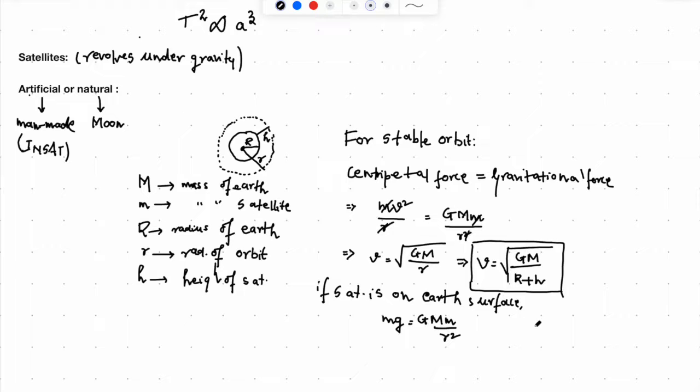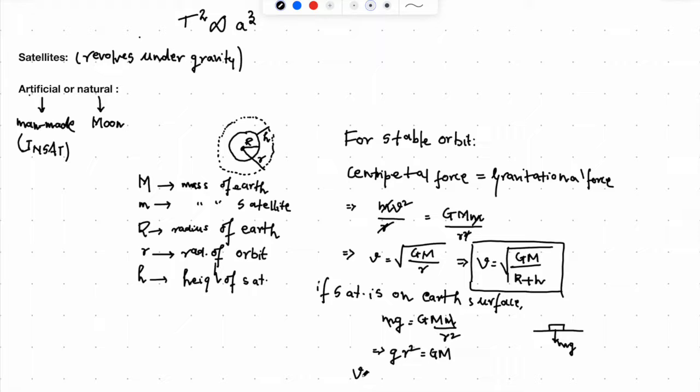If you are placing an object on the surface of the earth, there would be a force acting downwards which is nothing but mg, and this will be given by this equivalent relation. Here also I can cancel this m and this m, and simply write g r square is equal to GM. So I can modify my relation further.